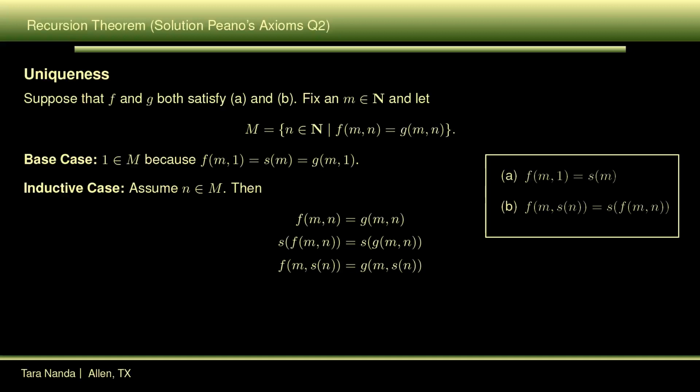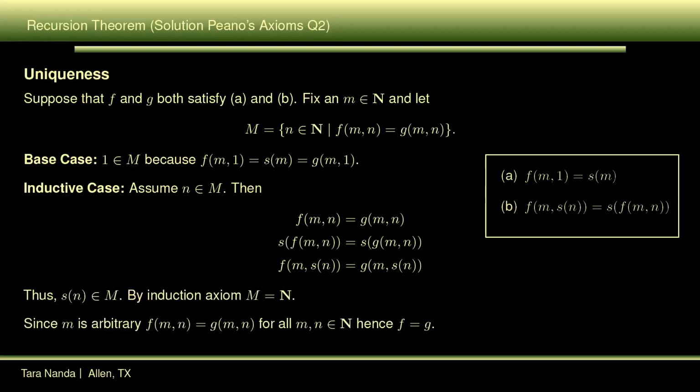Similarly, the right hand side is equal to the value of g at m comma s of n. Thus, the successor of n also belongs to M. By WPMI, the set M is equal to capital N.